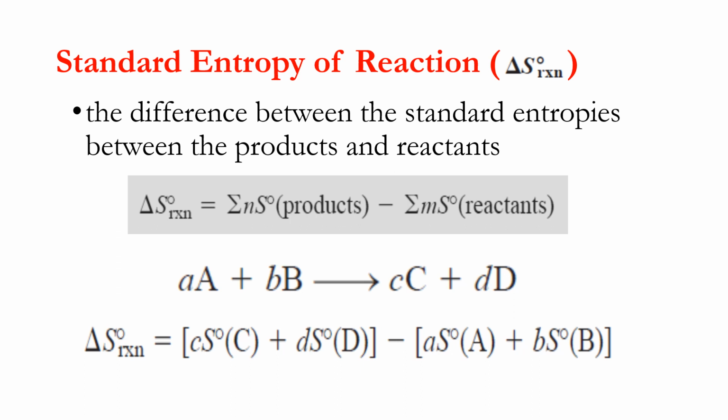Open and close brackets, standard entropies of the products C and D added, but multiplied first by their respective coefficients, minus the sum of the standard entropies of the reactants multiplied also by their coefficients. Our reactants here are A and B. Our products are C and D. And then you multiply first by their coefficients before you subtract.